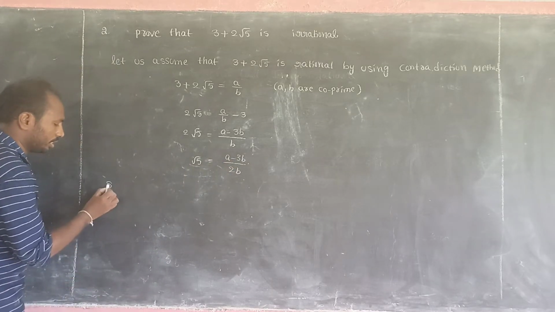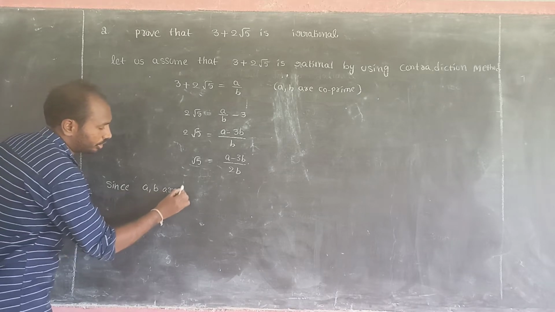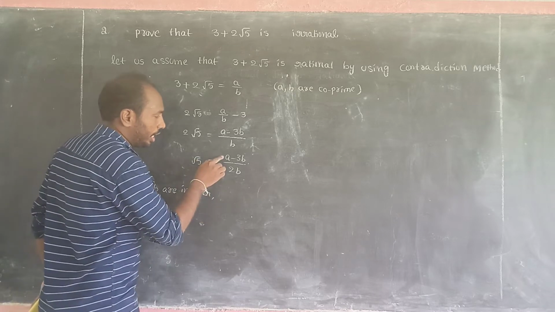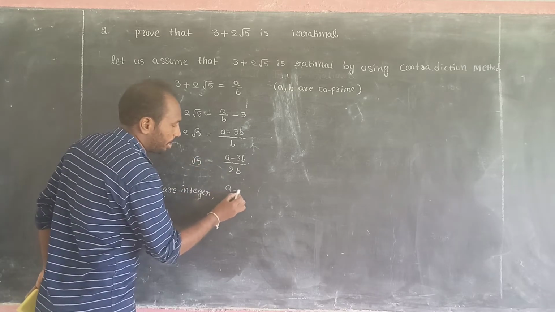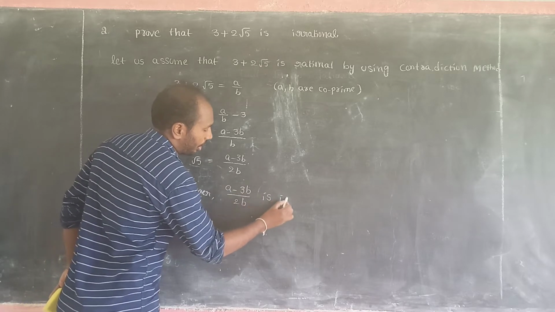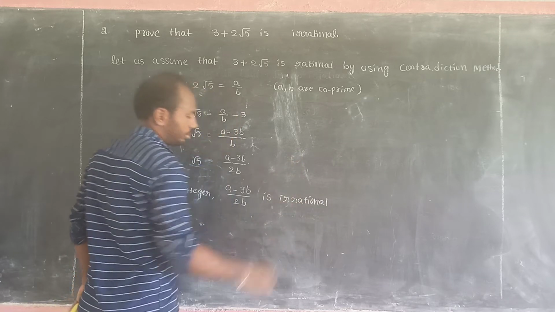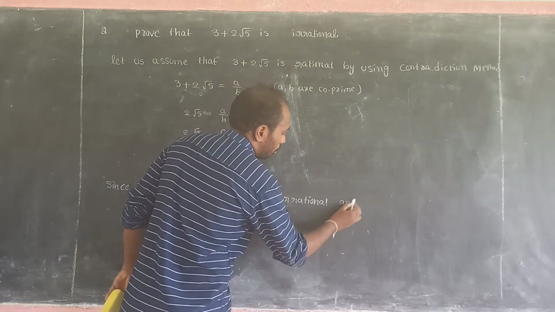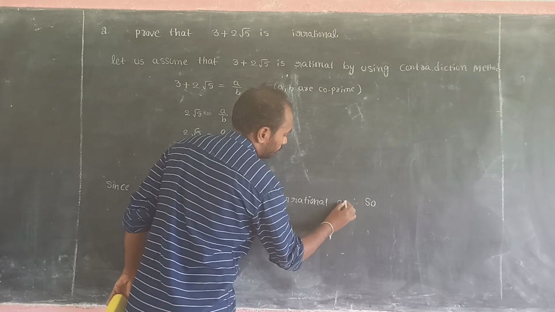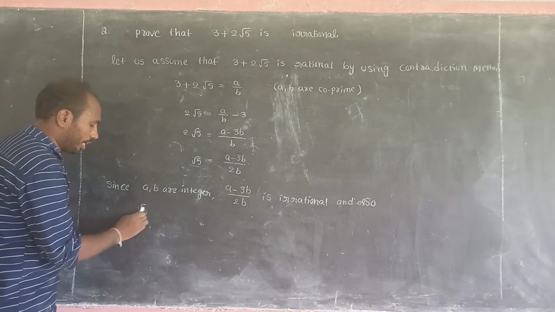Here since a, b are integers, the RHS, a minus 3b by 2b, is rational, and also root 5 is rational.